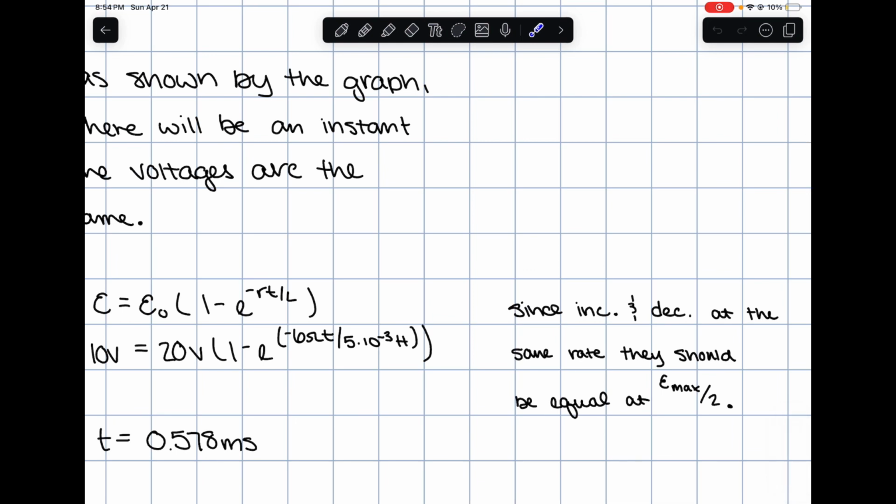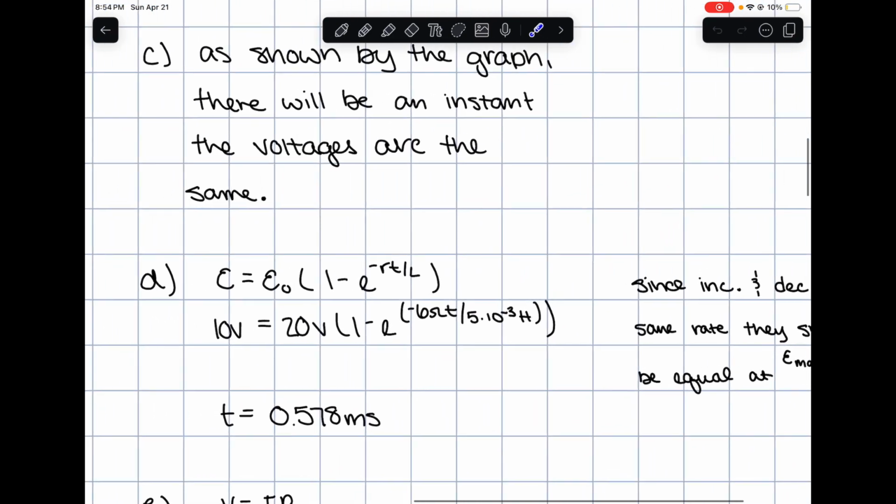Since both the voltage across the coil and the resistance are increasing and decreasing at the same rate, they should be equal at EMF max over 2. 20 over 2 is just 10 volts. After that, I plugged into my calculator and got the time is equal to 0.578 milliseconds.